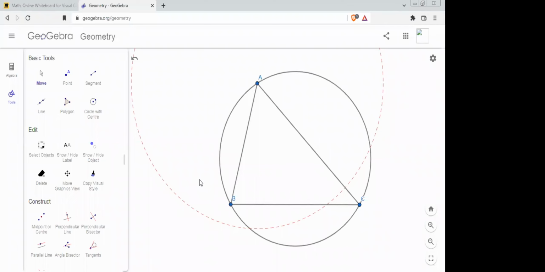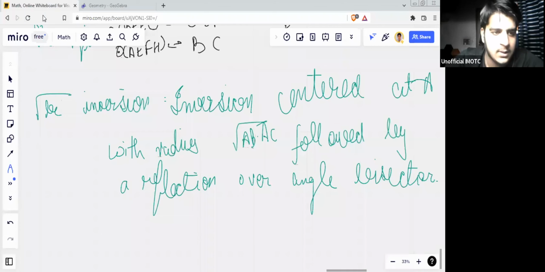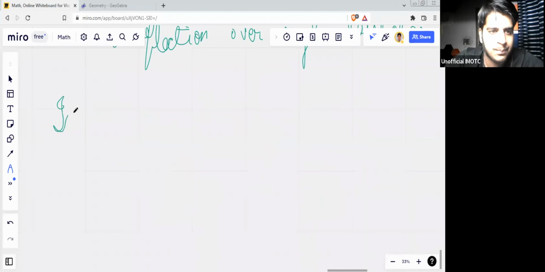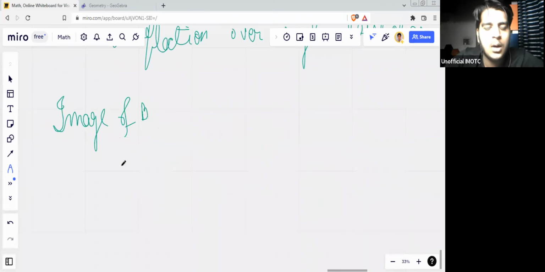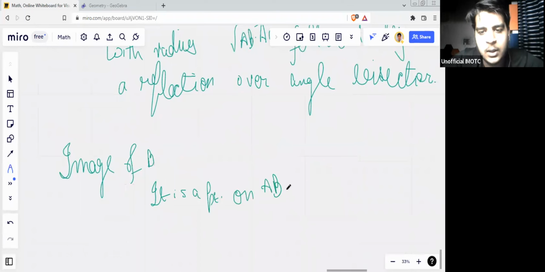B goes to C, C goes to B. Right. Okay, so let's talk about the image of B. Before reflection, after just doing the inversion step, it is a point on AB, say B dash, such that AB dash equals AC, right?